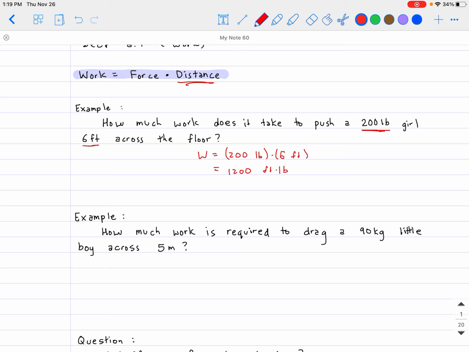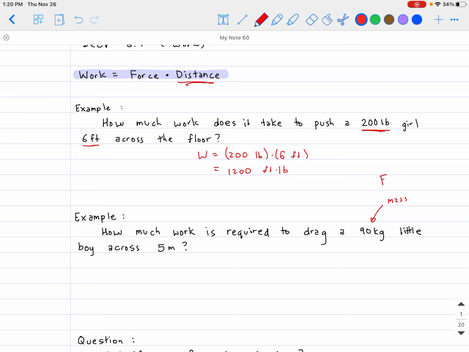All right, now let's go ahead and do the same thing, but this time we're not looking at America, but somewhere else in the rest of the world, because we don't always use pounds or feet everywhere. So in the second example, it says how much work is required to drag a 90 kilogram little boy across 5 meters. The idea here is exactly the same, but we are going to do a small modification. The 90 kilograms is what is known as mass, and mass is not the same thing as force.